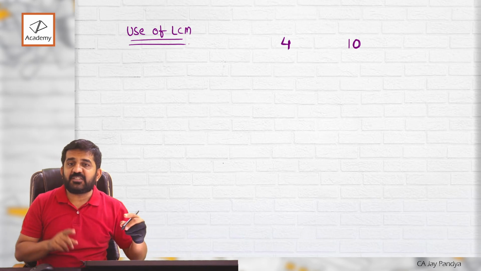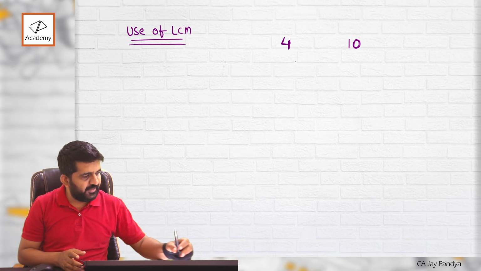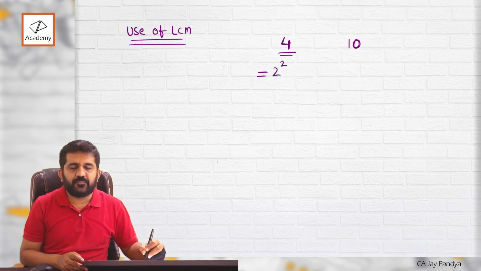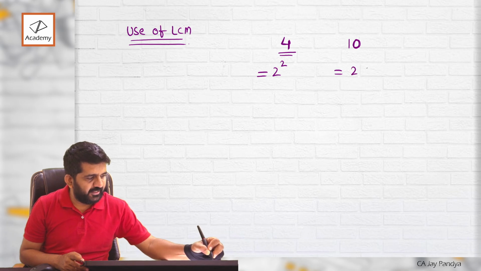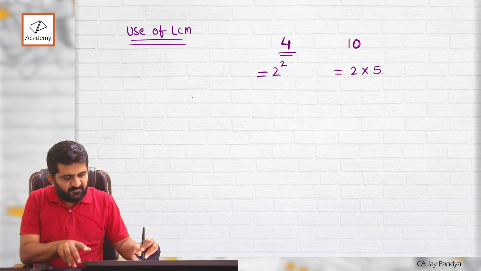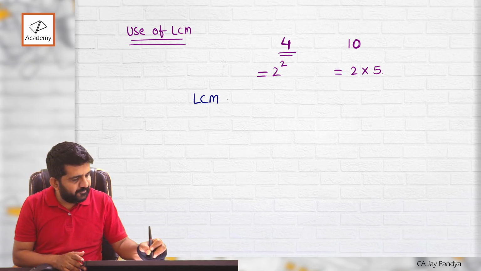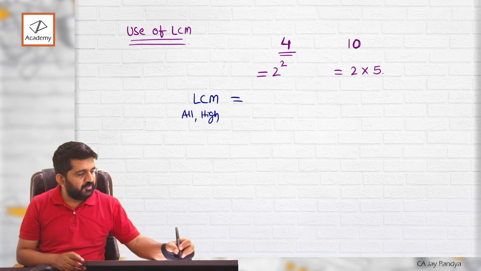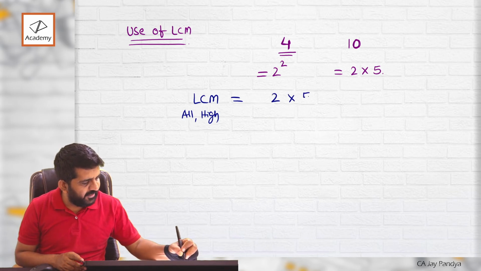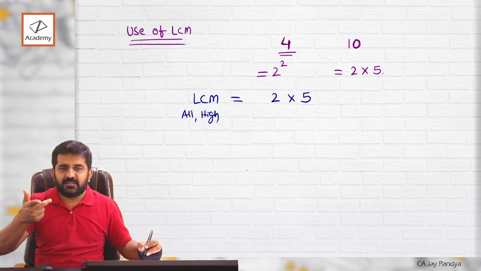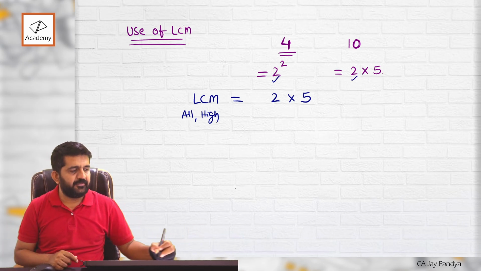First I am finding the LCM. 4 is 2 square, and 10 is 2 into 5. LCM takes all the factors. Which are all the factors? 2 and 5. You should not write down 2 two times. 2 is one of the factors.